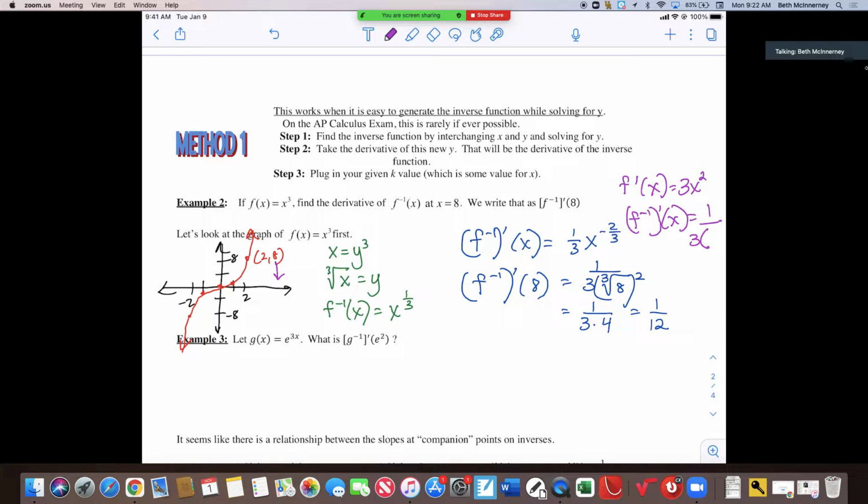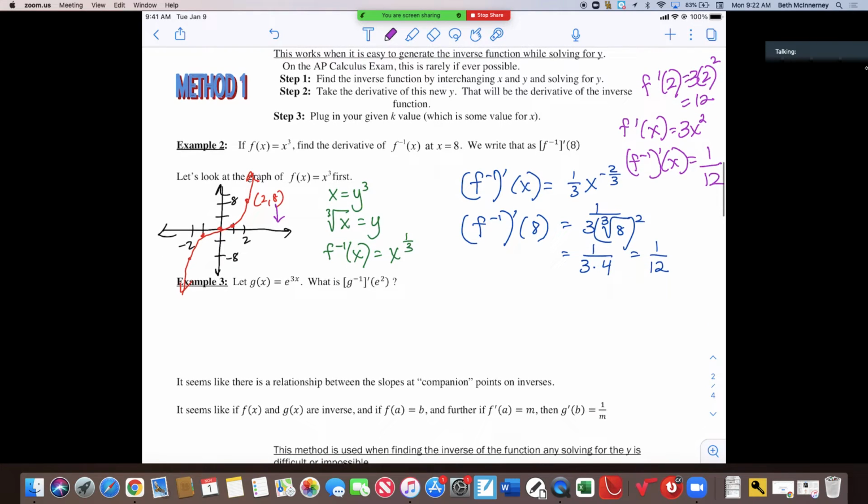So if I have that on my inverse, it's 8, then in f, it's 2. So I could do f prime of 2, which is 3 times 2 squared, which is 12. And so that's just the reciprocal, 1/12. So there's a connection here. So if I want the inverse at 8, that is on the function, the x value is 2, okay?